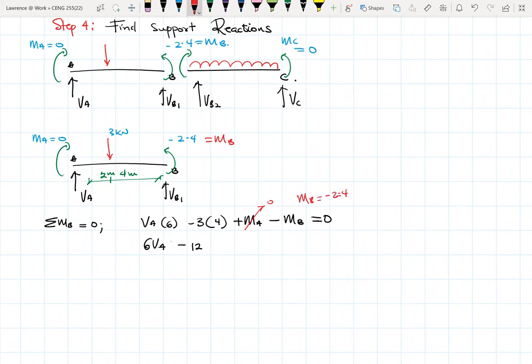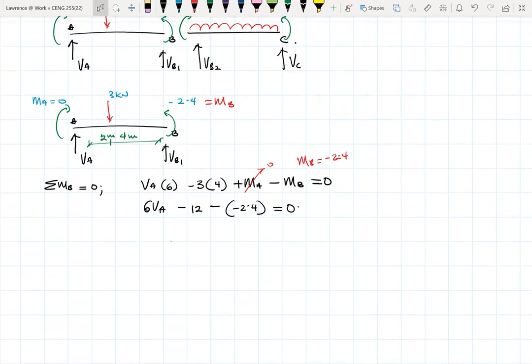So then this becomes 6VA minus 12 minus into bracket minus 2.4 equals 0. So let's do our computations and then we'll see what we'll get. So it becomes minus 12 plus 2.4, so that'll give us 14.4.